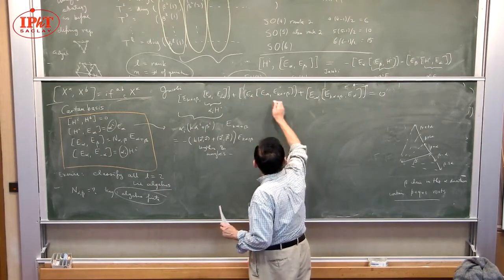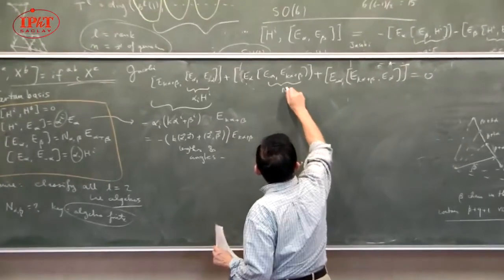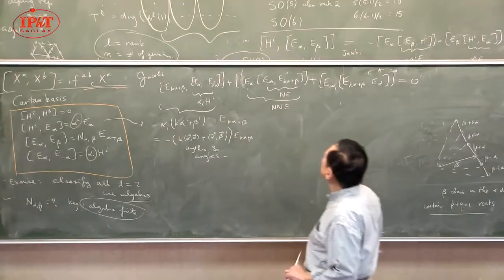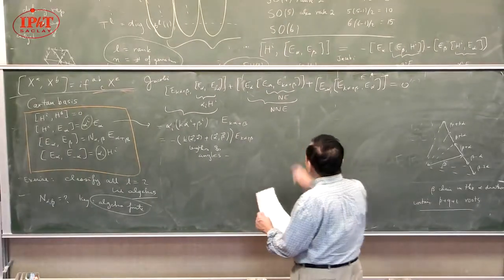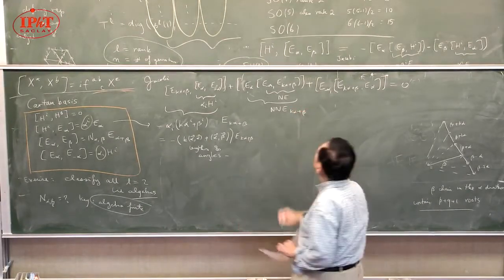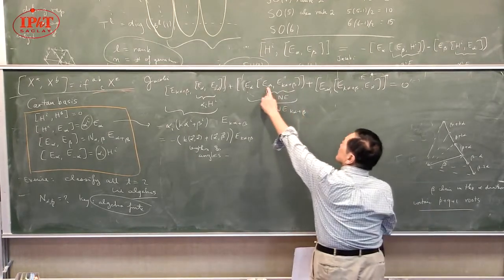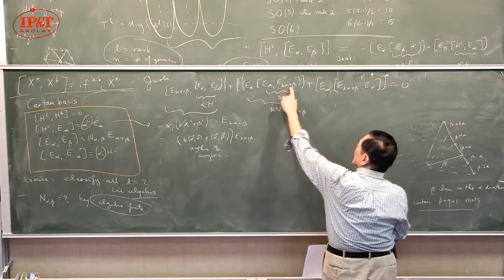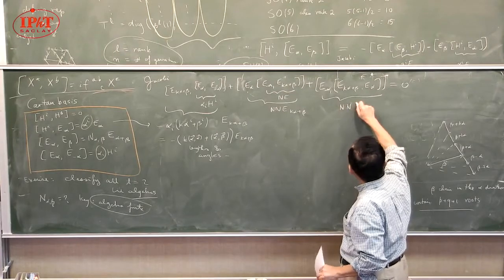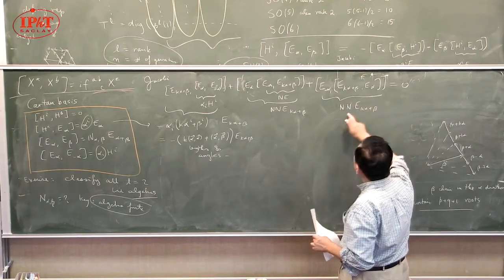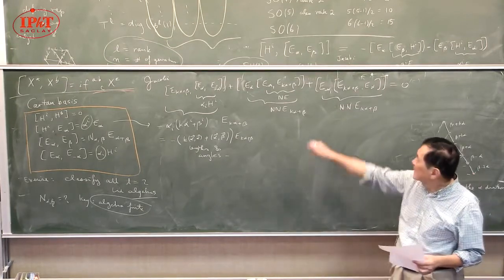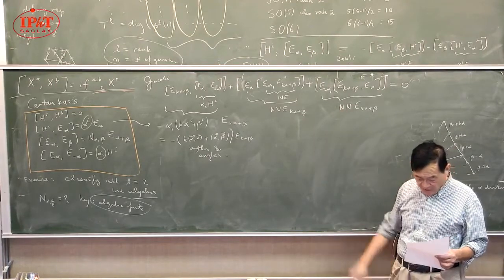But every time you commute, you get an N and an E, and then you commute again, you get another N with an E. But this E clearly is just going to be E alpha plus beta, because you just add these three vectors, and the minus alpha and the alpha cancel each other. And similarly, this will be some N, E alpha plus beta. So the N's, of course, carry labels alpha and beta and so on. But I'm not going to write them down, so you can work them out.